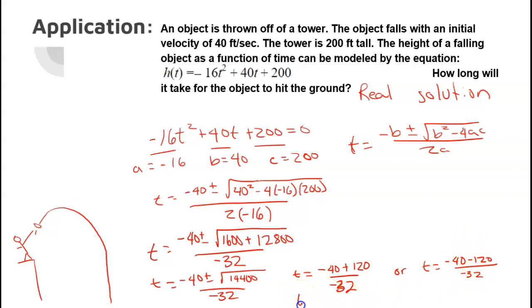This left one is going to simplify to -5 over 2. And this right one is going to simplify to 5. So we know that it happens at -5/2 seconds, or 5 seconds. We can't have a negative time because the ball can't be on the ground before we throw it. So this one is incorrect. Our correct answer is 5 seconds.